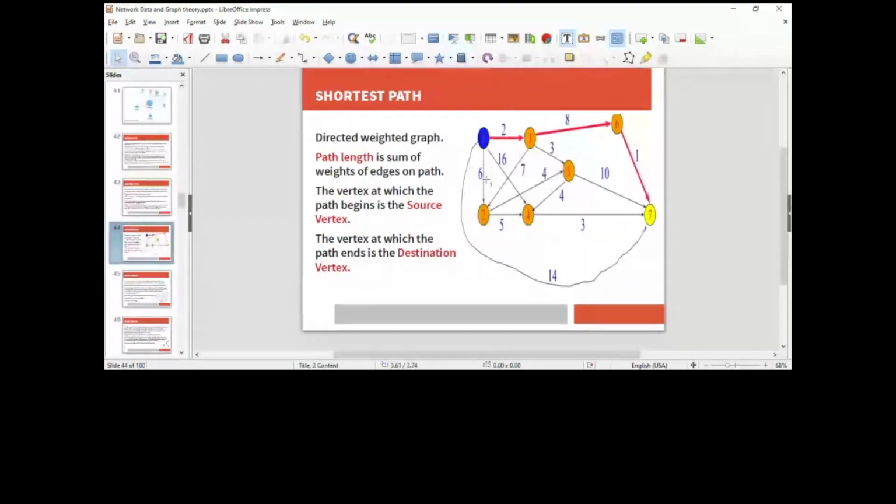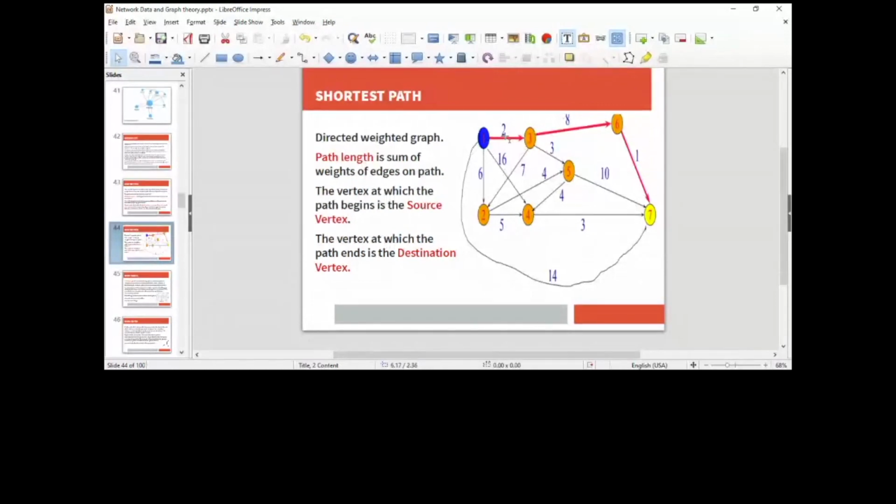You can look at it. The graph for a shortest path, they're all weighted. If everything is weighted, what is the shortest path to 7? If you do the calculation, 2 plus 8, that's 10, 11.